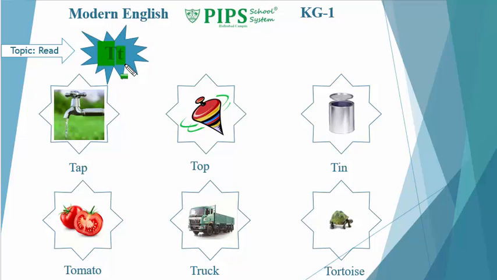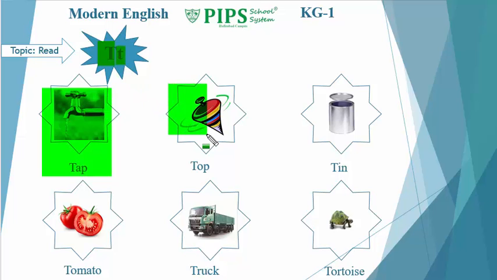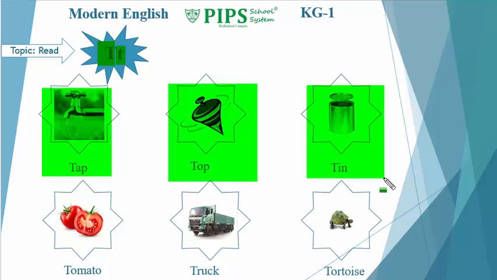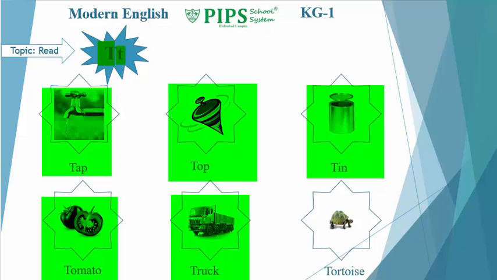Sounds like T. Let's learn which things begin with the letter T. T for tap, T for top, T for tin, tomato, truck, tortoise. Now students, read with me.